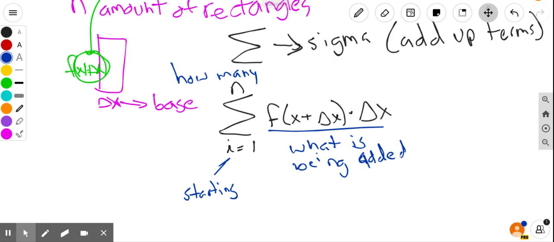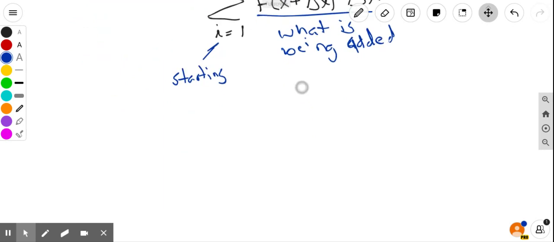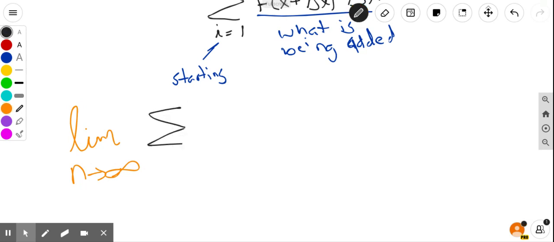I am right now trying to set up a limit. Specifically, I want the limit as n goes to infinity. So I want to have infinitely many rectangles being added up. All right, and I'm going to start with just the first rectangle possible, right? So I move over this itty bitty amount, and here's what I'm going to keep adding up.